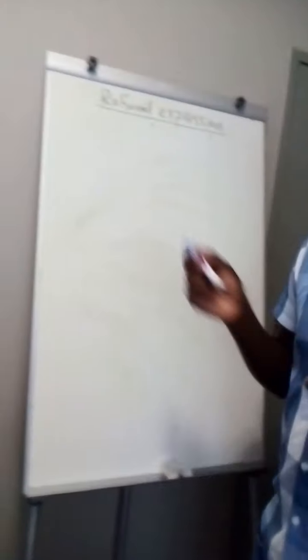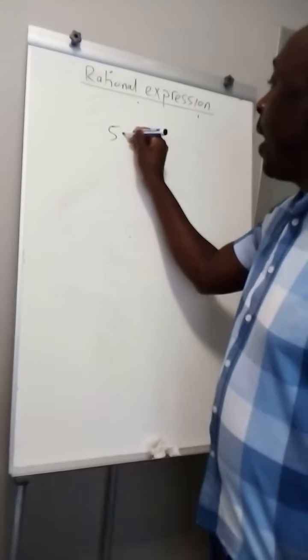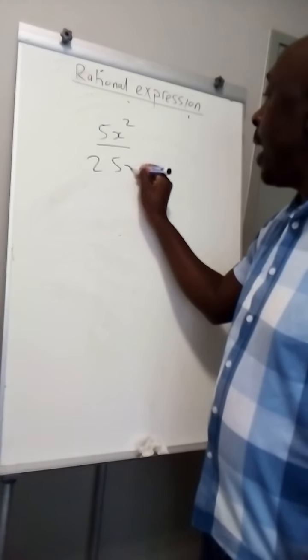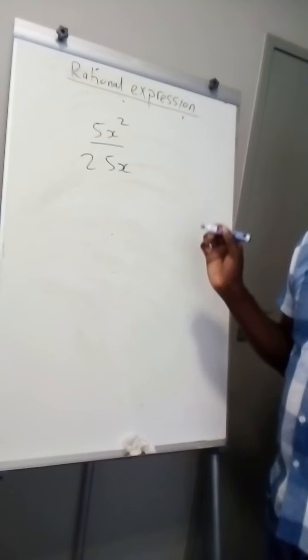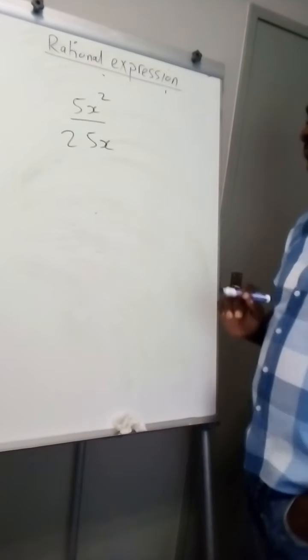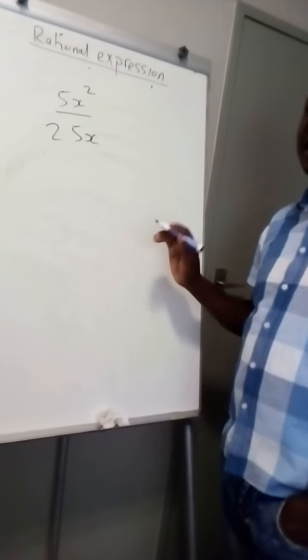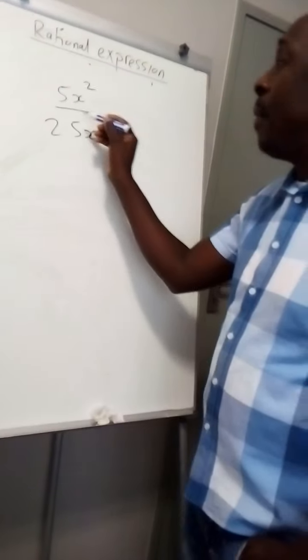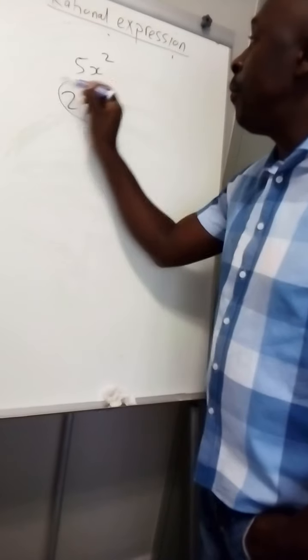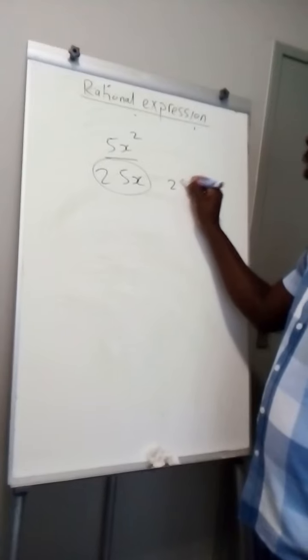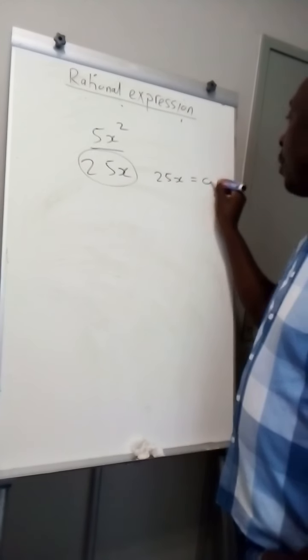Another one, let's say 5x squared over 25x. You are required to simplify this. What's the first step? Remember, you need to find the domain of this expression. So you say 25x is equal to 0.